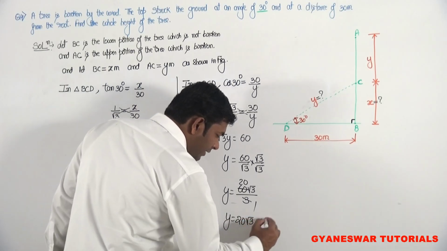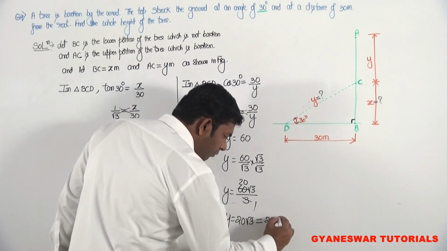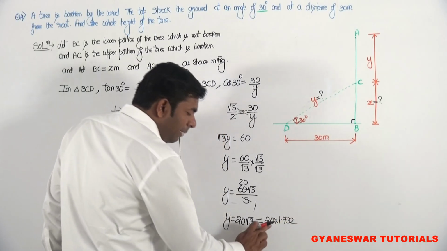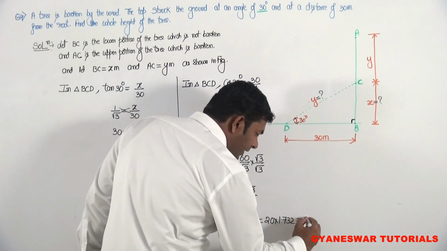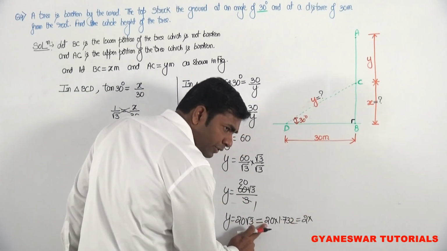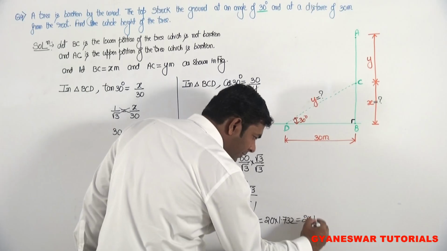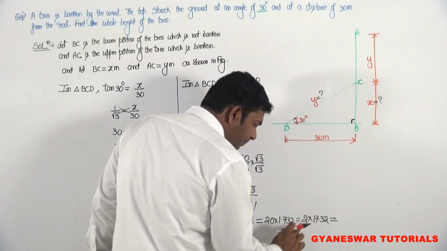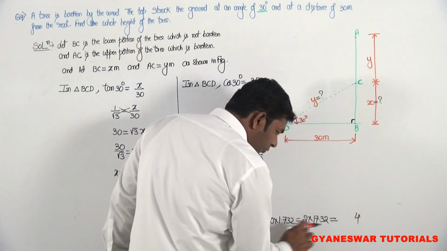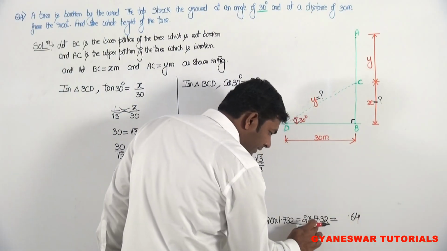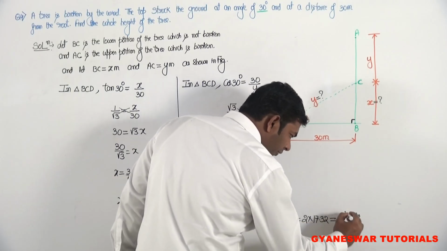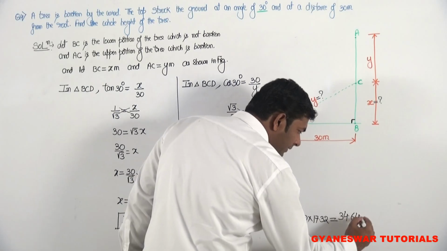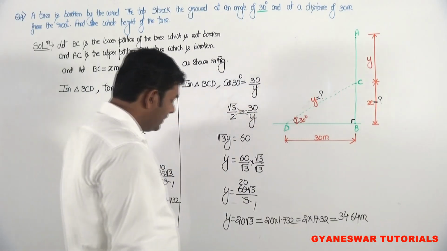It means 20 into 1.732, which is 34.64 meters. This is y.